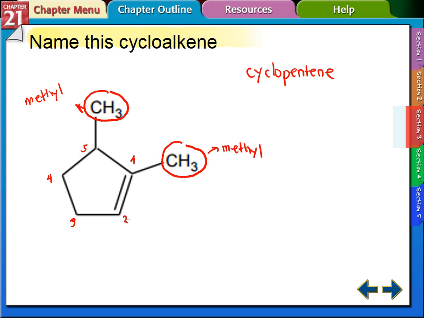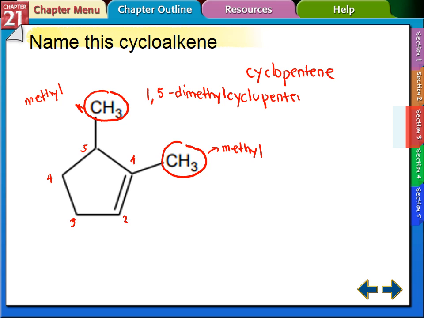Now we have to assign the numbers to these methyl groups, and as much as possible the numbers we assign to each of these methyl groups should be the lowest. So taking this manner of numbering the carbons, we will call this 1,5-dimethylcyclopentene.